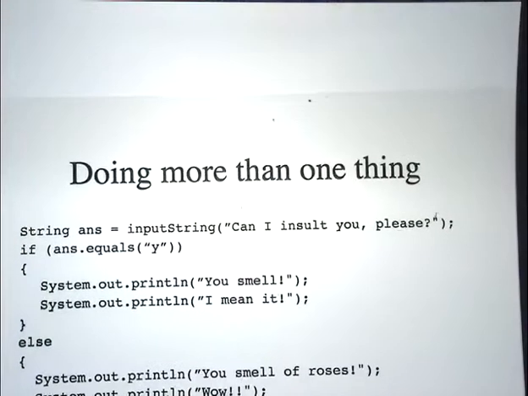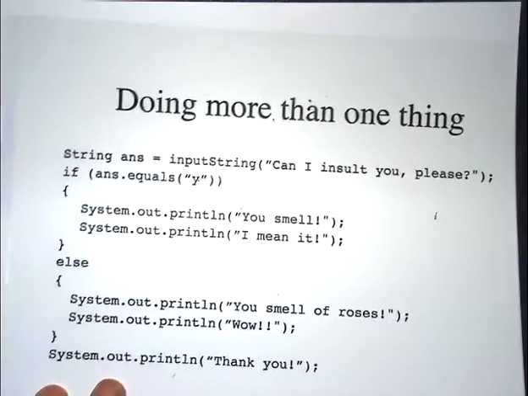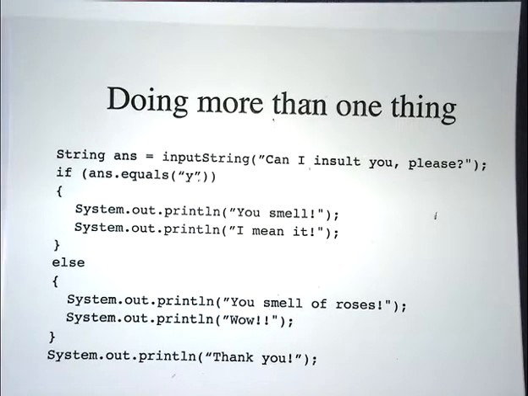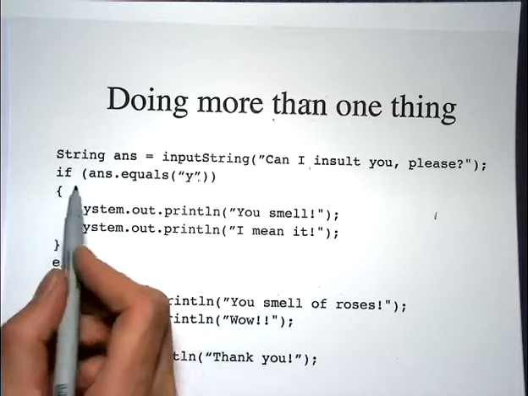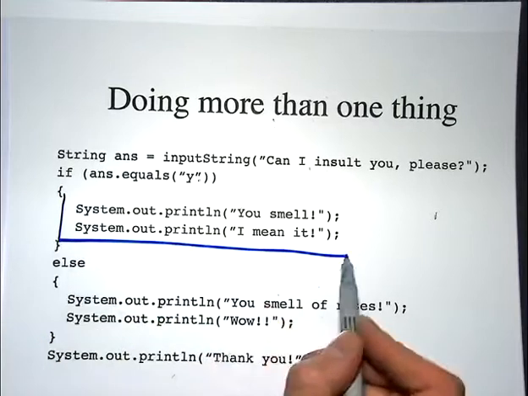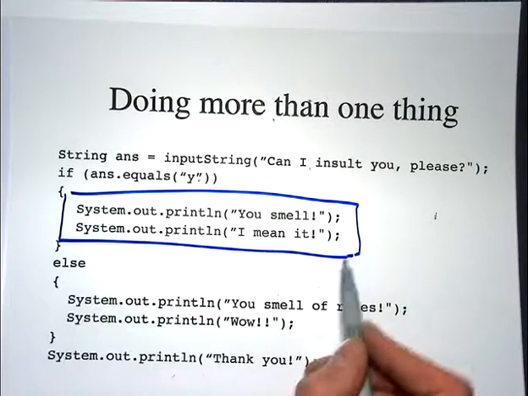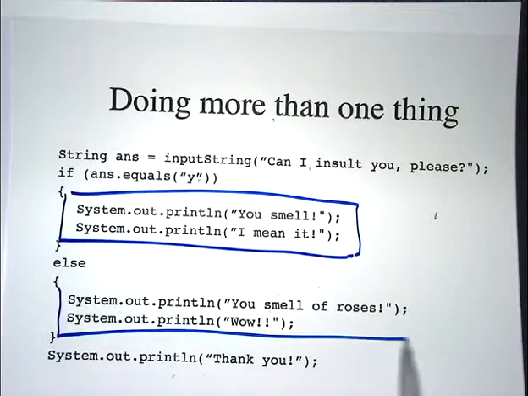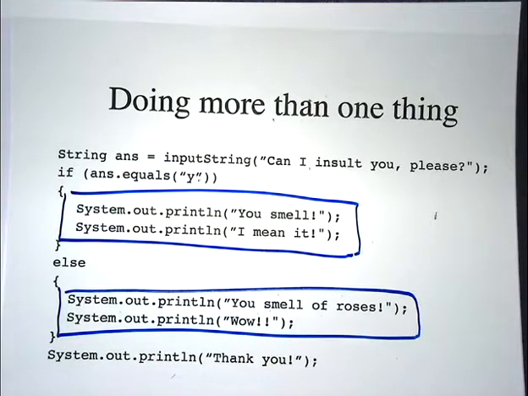So this is a simpler example of what I was just showing, where what can go inside the curly brackets can actually be anything that we've seen so far. So you can declare variables in there, you can have a whole series of statements, you can have other if statements.